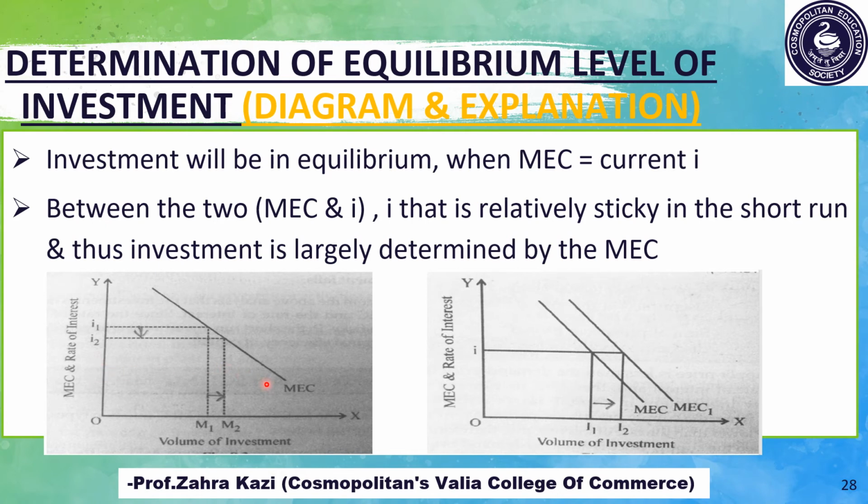Investment, as you know, will always be in equilibrium when MEC is equal to the current rate of interest, that is I. Between the two, MEC and rate of interest I is said to be relatively sticky in the short run, and therefore investment is largely determined by the MEC.